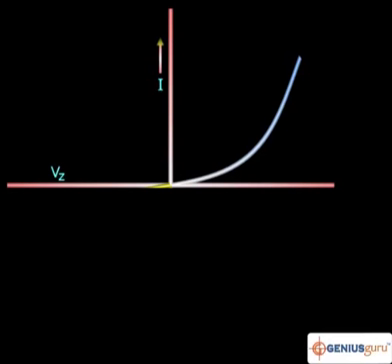The current increases exponentially as you are seeing in the figure. In forward bias condition, the flow of current is mainly due to the diffusion of electrons, and in forward bias the diode has low resistance and high conductivity. And for an ideal diode in forward bias, the resistance is equivalent to 0.